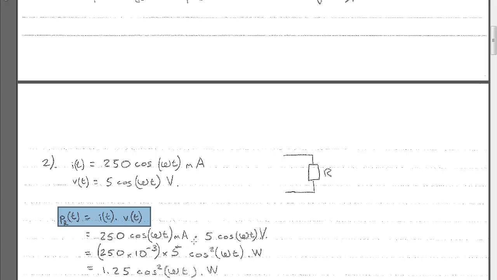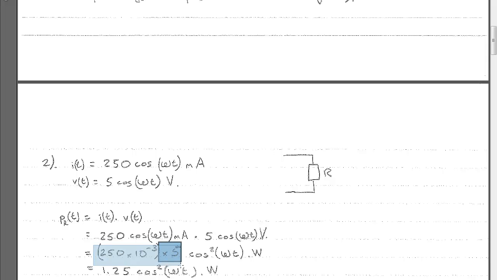I've written the expressions down here: 250 cos omega t milliamps times 5 cos omega t volts. Because the units affect the magnitude, I've moved the milli over to here. So it's 250 times 10 to the minus 3, times 5, that's the part from the voltage.